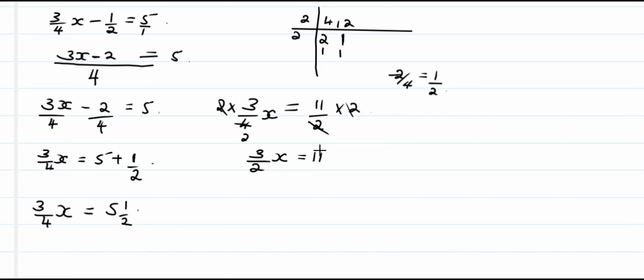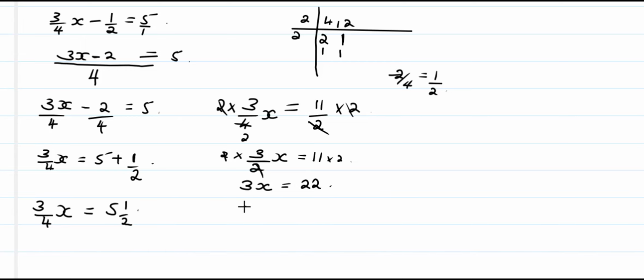But for my final answer, I want to have x only. So I can again multiply here by 2 and here by 2 to eliminate these 2. So I remain with 3x is equal to 11 multiplied by 2, which is 22.